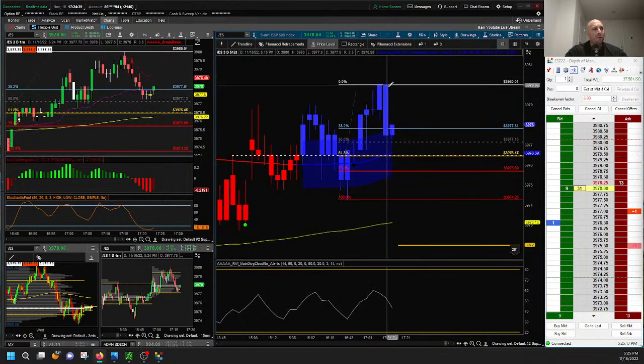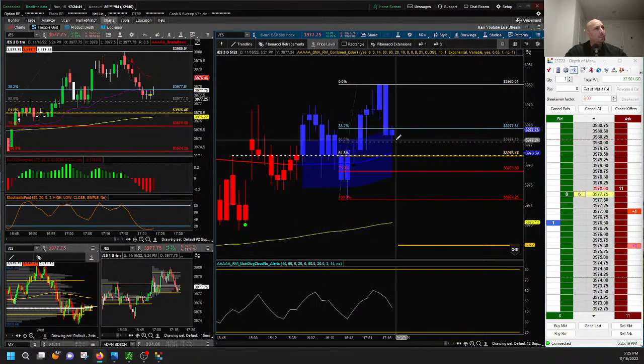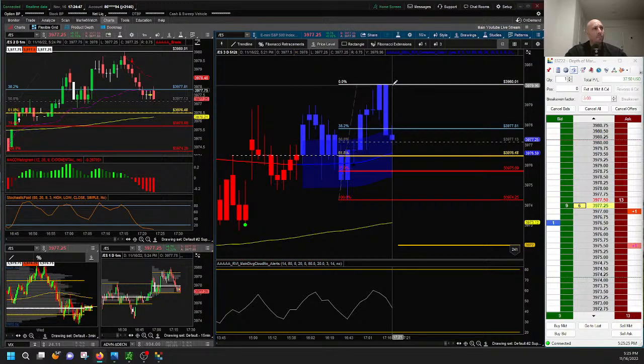Now, one of the things I like to look at is when we make lows like this, right? What's here stopping the sellers from selling? A wick high here, a wick low here, wick high, a body.